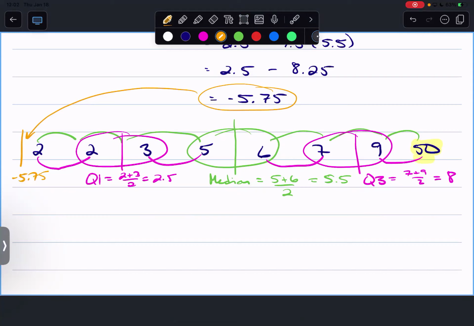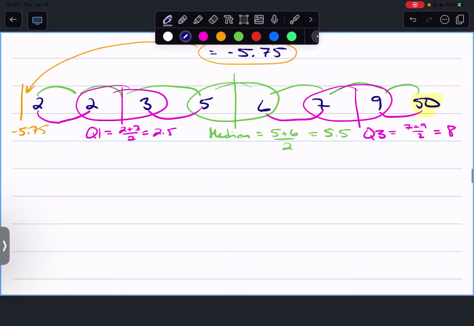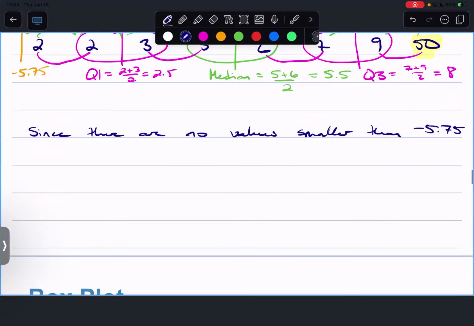Everything's kind of scooped up in that lower bound. And so since there are no values smaller than negative 5.75, there are no outliers on the lower bound.